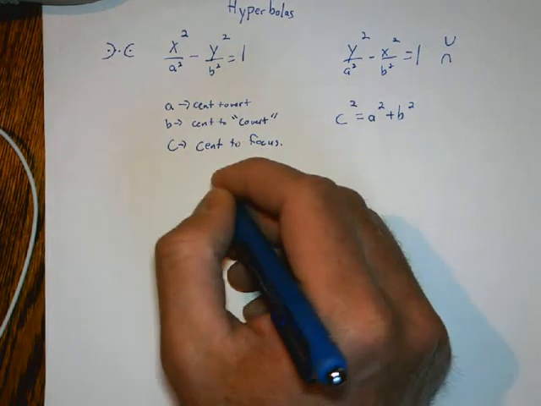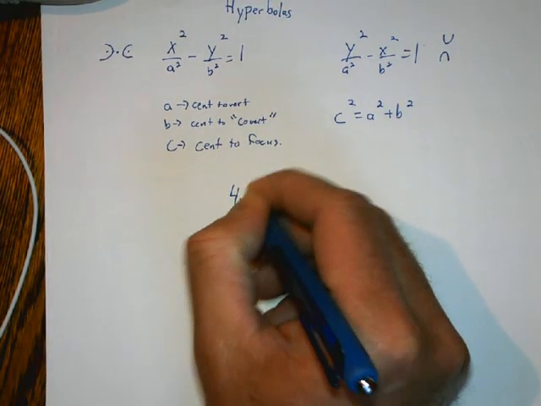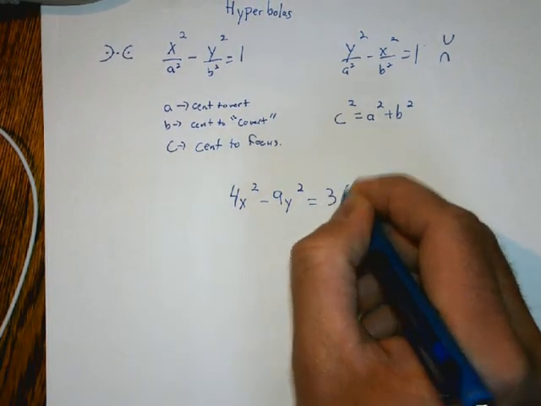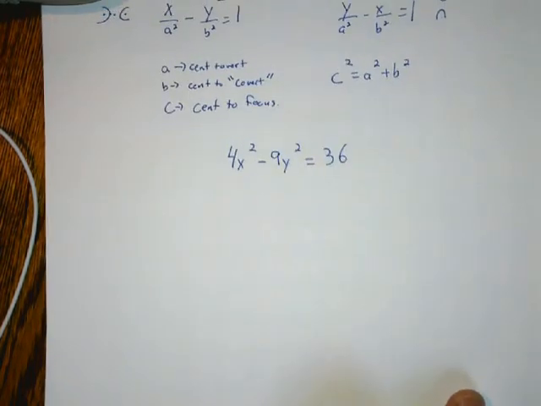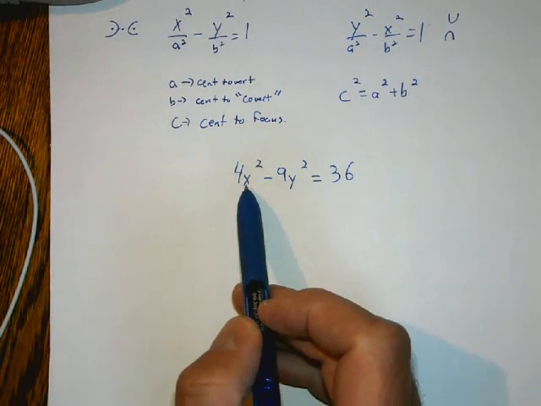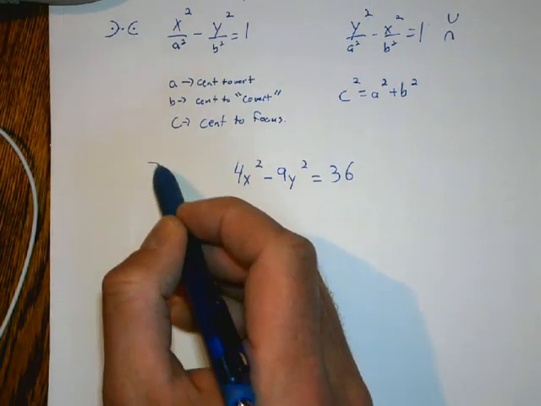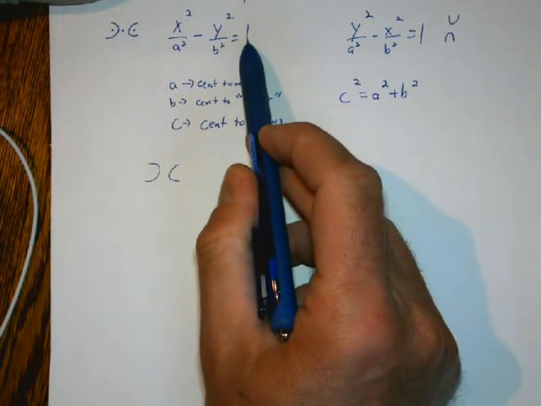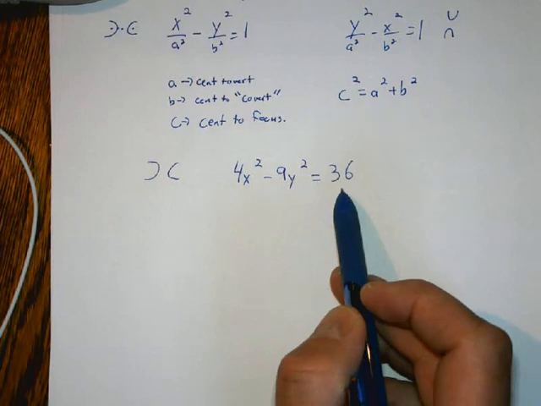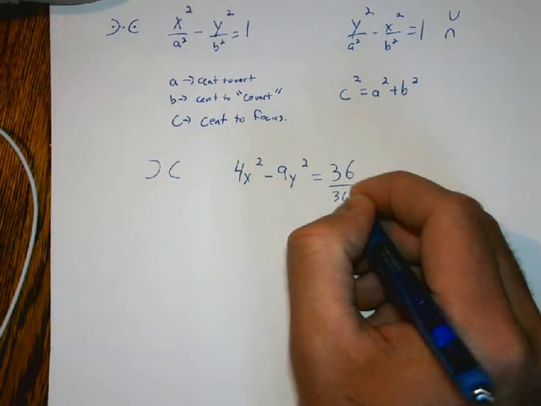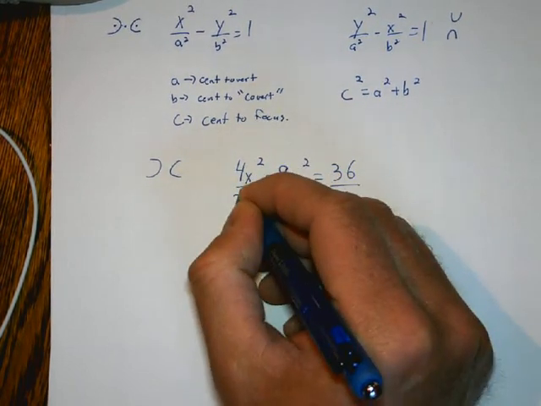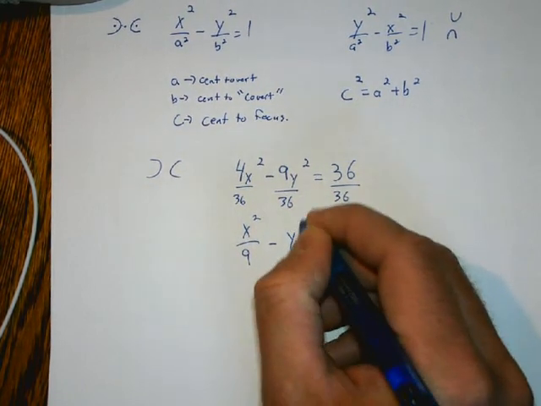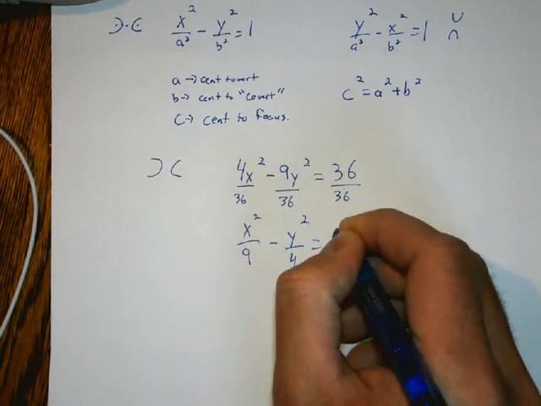Let's say we have 4x squared minus 9y squared is 36. Right off the bat, you'll notice that the x squared term comes first, which means this one has to go left and right. So what we do is we first have to get the right side equal to 1, so we divide everything by 36. And you wind up with x squared over 9 minus y squared over 4 is 1.